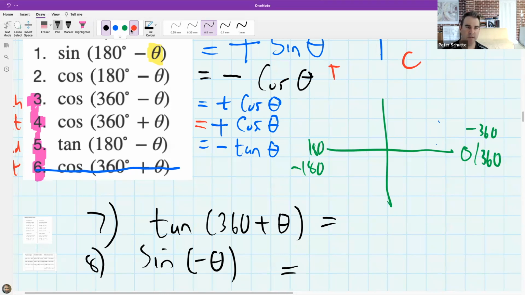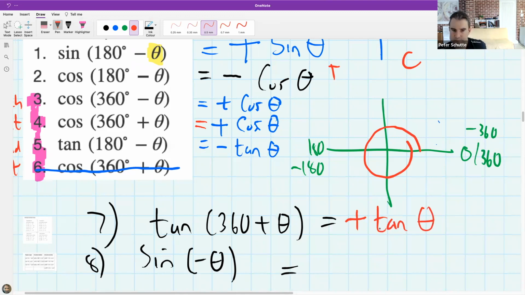So 360 plus theta, that goes all the way around, and then an extra bit. So it must be positive. And how far away is it from the nearest horizontal? It's going to be tan theta. Now, this is what we call a negative angle. I haven't spoken too much about negative angles yet, but all that happens with a negative angle is it goes in this direction.